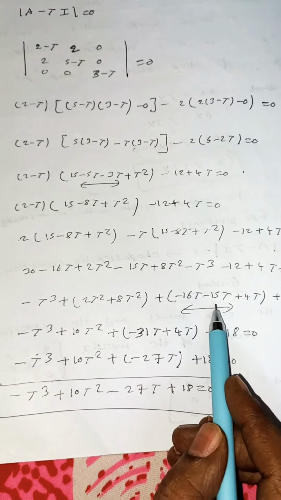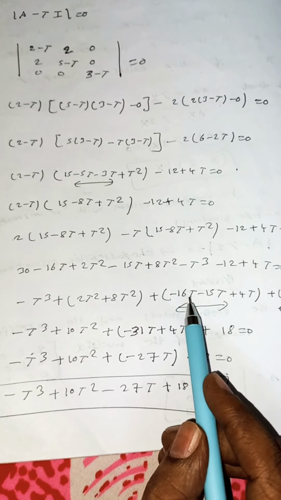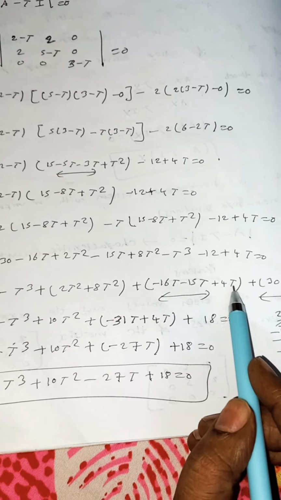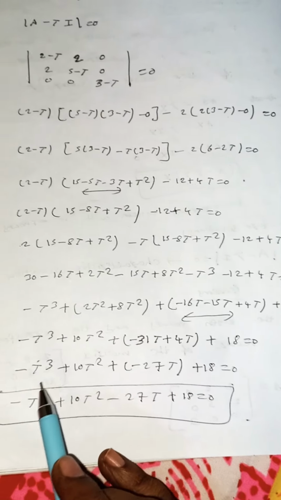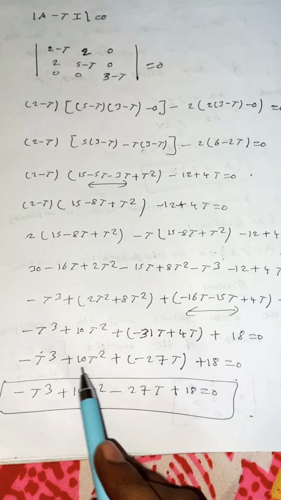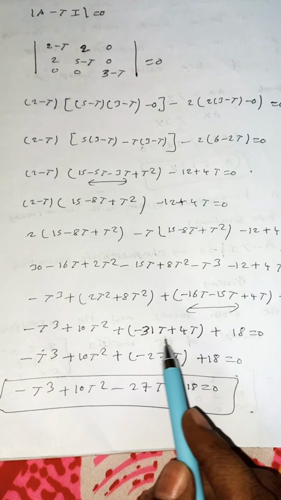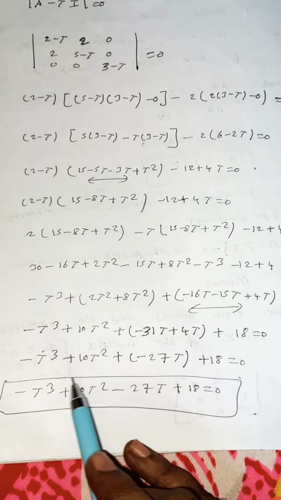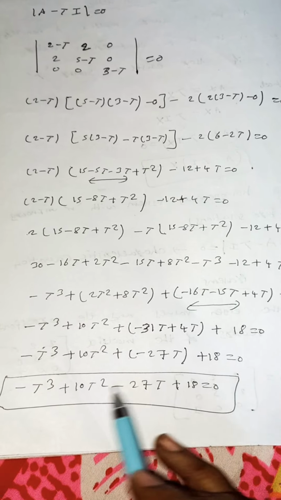Minus 16 minus 15: write minus as it is and add these two numbers, 16 plus 15 is 31, minus 31 lambda plus 4 lambda, write as it is. Here 30 minus 12 is 18. Write the first two terms as it is, minus 31 plus 4 is minus 27 lambda, plus 18, write as it is. So write the first two terms as it is, plus into minus is minus, and write this 18 as it is.